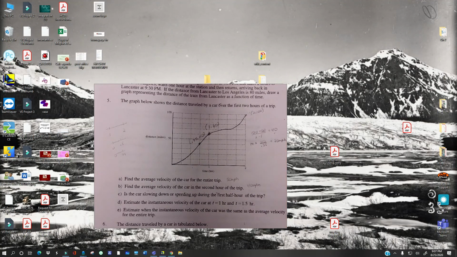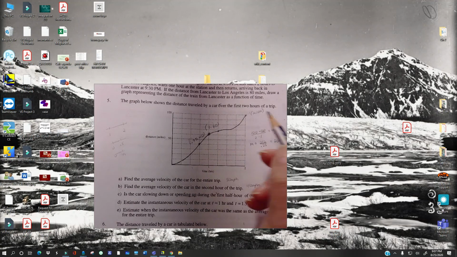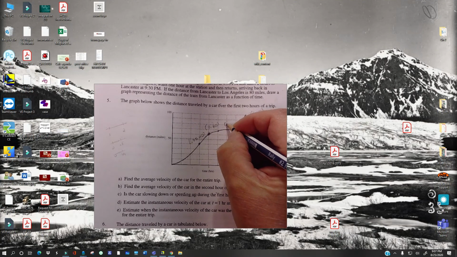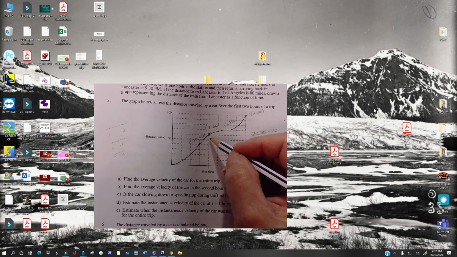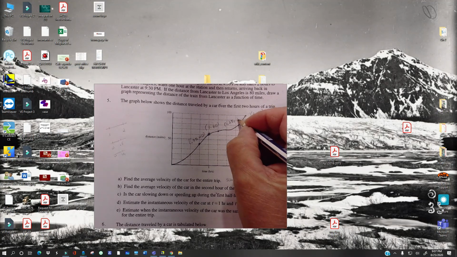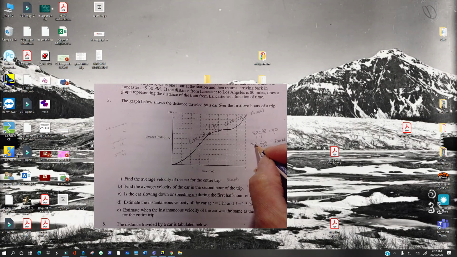If I do the same here, I'm going to call this point 1.25 comma, I'm going to say it's 68. Now I'm probably going to be off a little bit. Okay, 1.25 comma 68. I'll call the first one slope 1 and the second one slope 2.